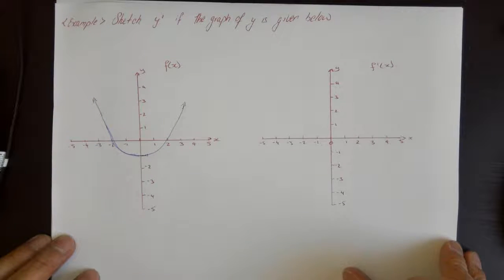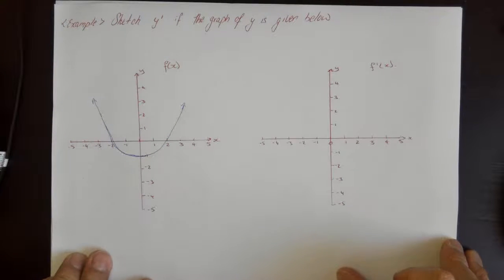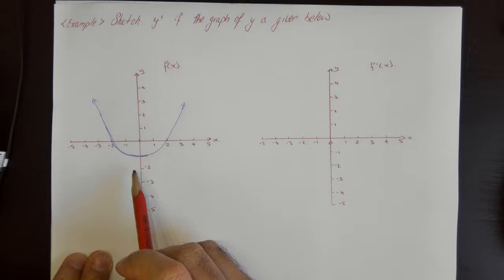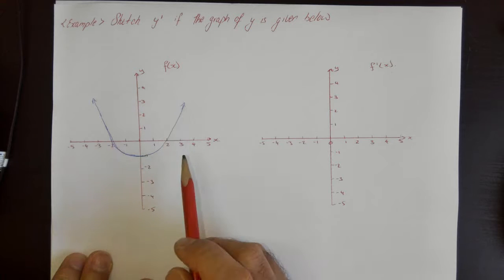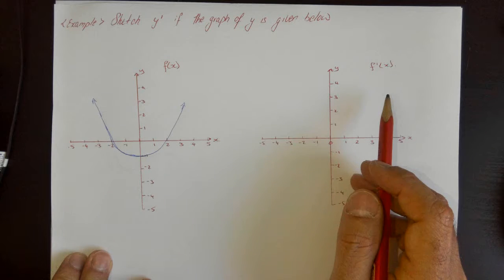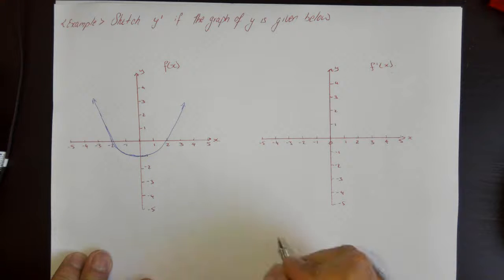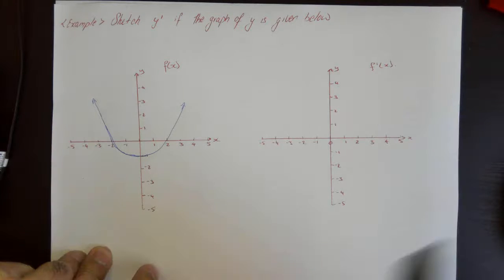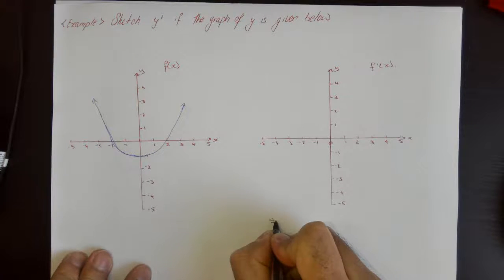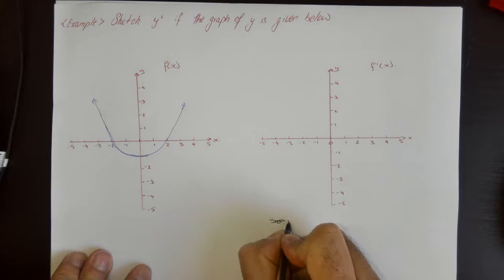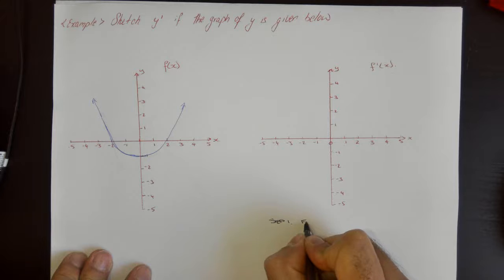So we want to sketch y dash if we're given y. So this is the original function, f of x. I'm going to sketch the derivative. The first step that I do is find stationary points.